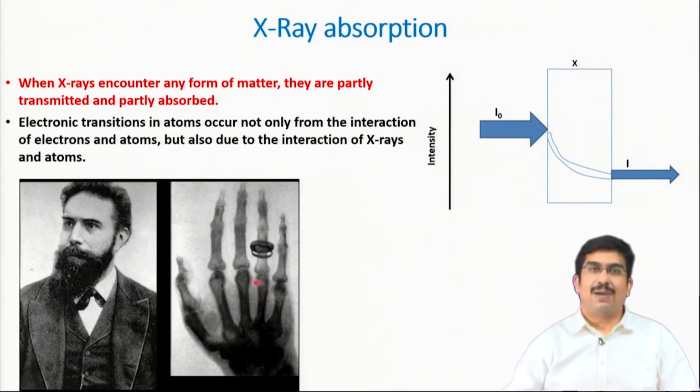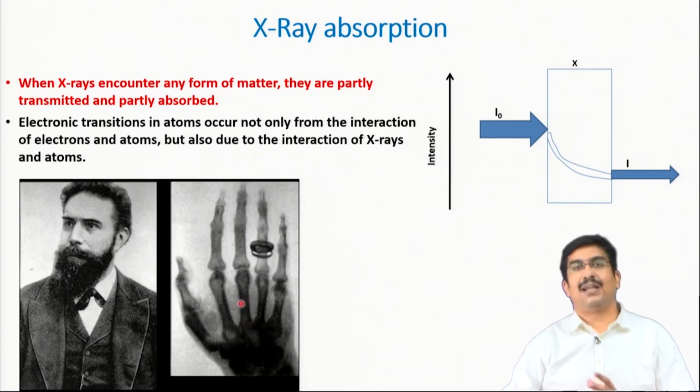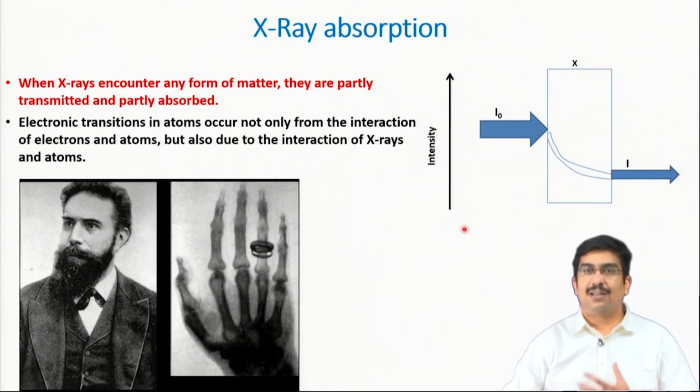That is why on the back side in the photographic film you get a contrast accordingly. Wherever the X-ray is fully transmitted, those areas appear in brighter contrast, and where the X-ray is absorbed, the intensity on the other side goes down and you get a darker contrast.